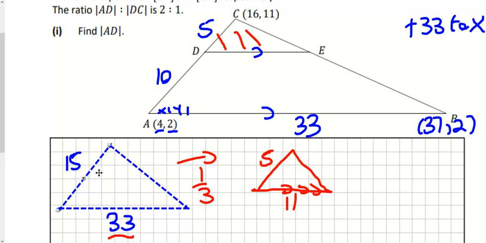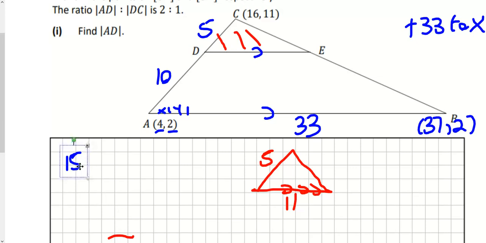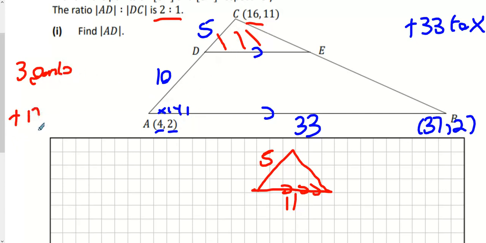Now, what that leaves me with next is I have to find the point D, which is my real problem here. I'm going to find the point D using the following method. It's a ratio of 2:1, which is 3 parts. 4 goes up to 16, that's plus 12 to x. 2 goes up to 11, that's plus 9 to y.